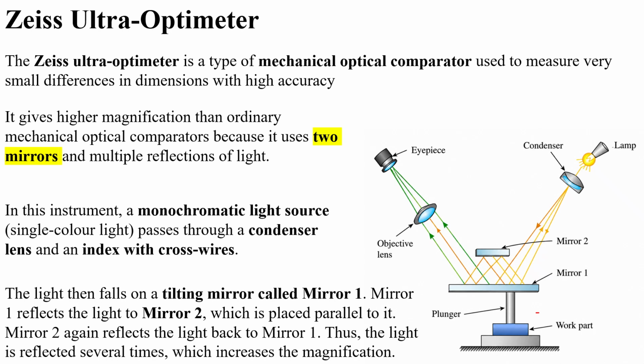The light then falls on a tilting mirror, which is called mirror 1. Then mirror 1 reflects the light to mirror 2, which is placed parallel to it. Then mirror 2 again reflects the light back to mirror 1. Thus the light is reflected several times, which increases the magnification.